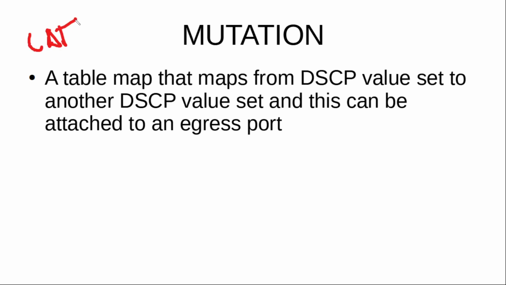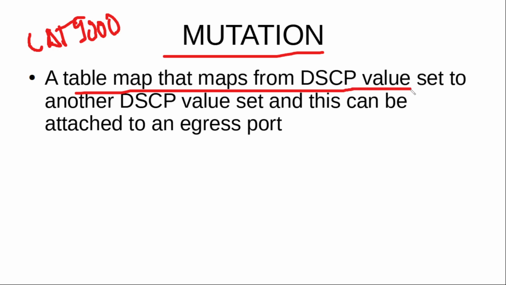Continuing talking about the Catalyst 9000 definition, mutation is a table map that maps from a DSCP value to another DSCP value. There can be sets of values, so groups of DSCP values mapped into groups of DSCP values, and this can be attached to an egress port. That is a difference with old switches, because mutation was available in the ingress direction with old switches.